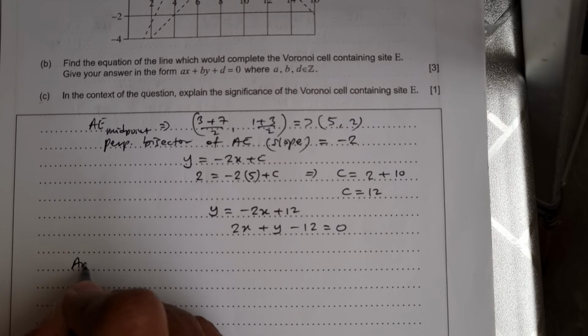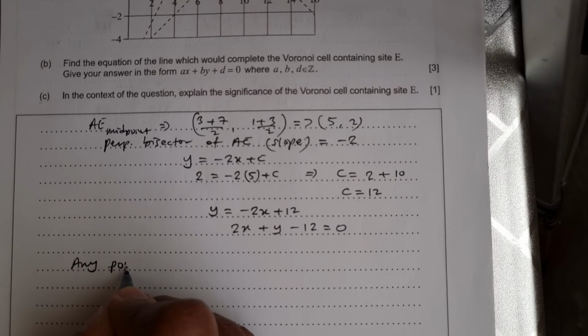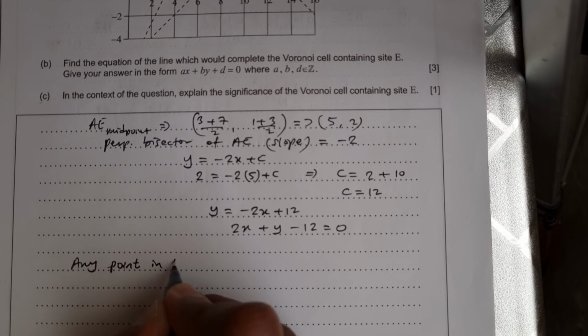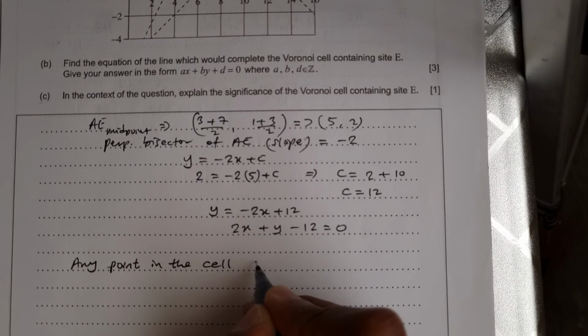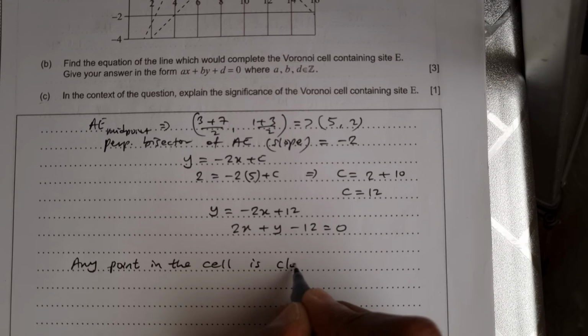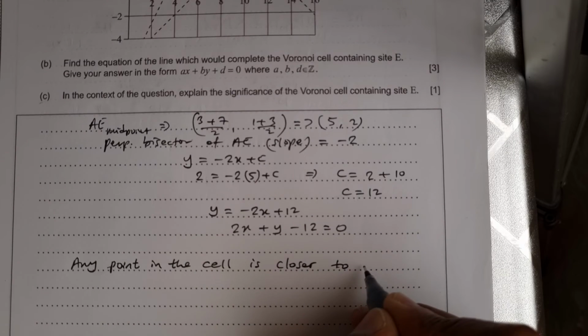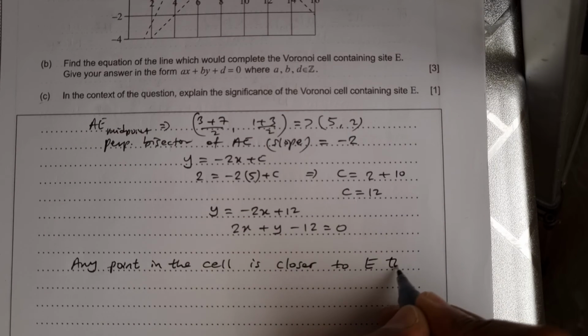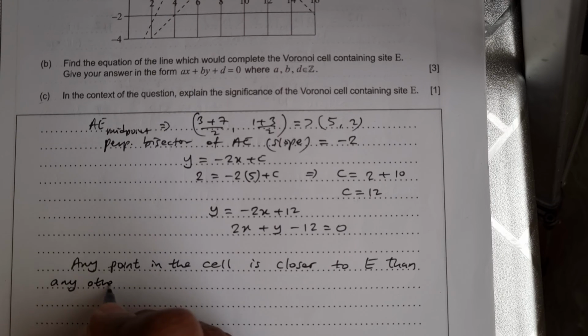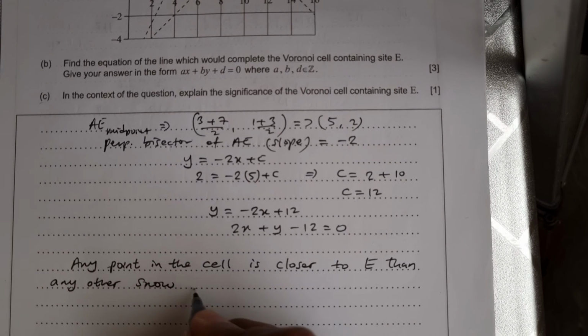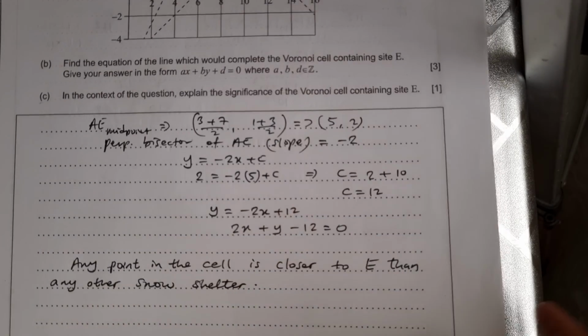So we're going to say any point in the cell is closer to E than any other snow shelter. Because that's exactly what we did.